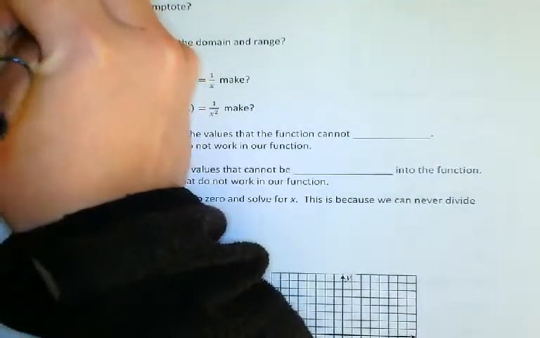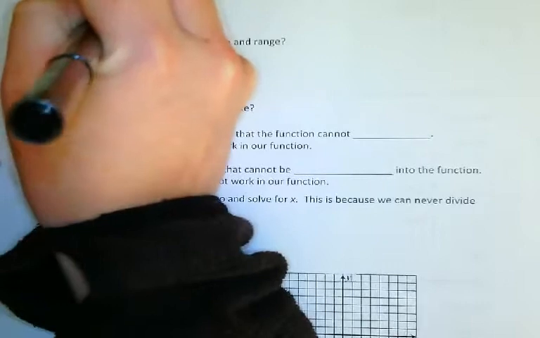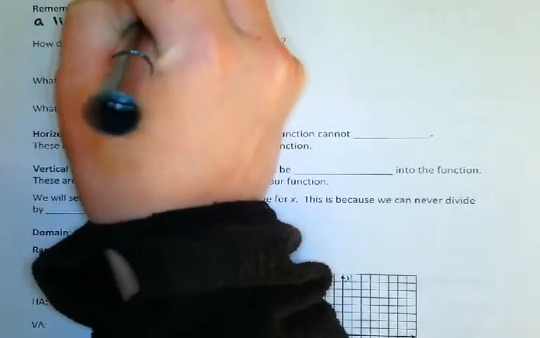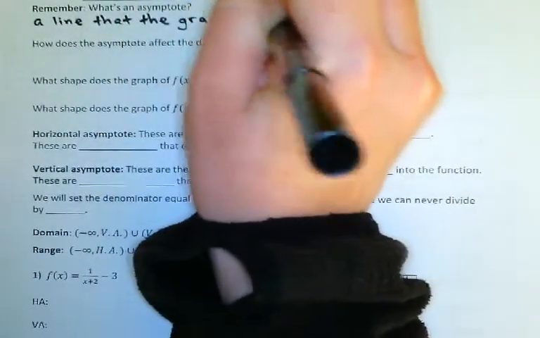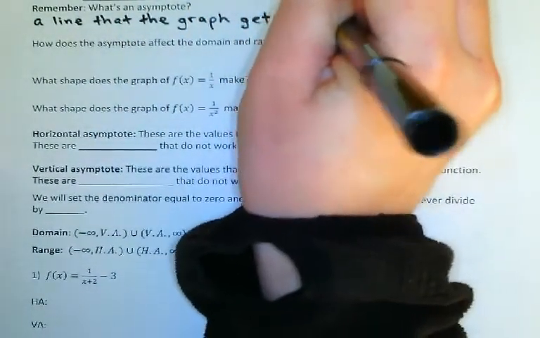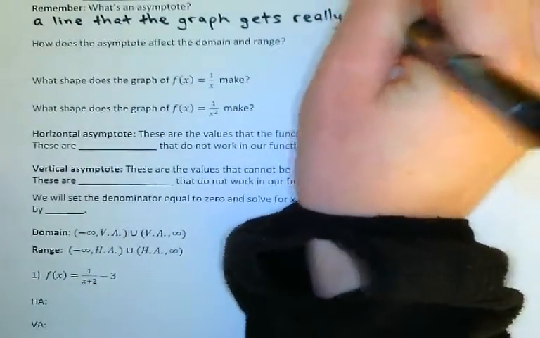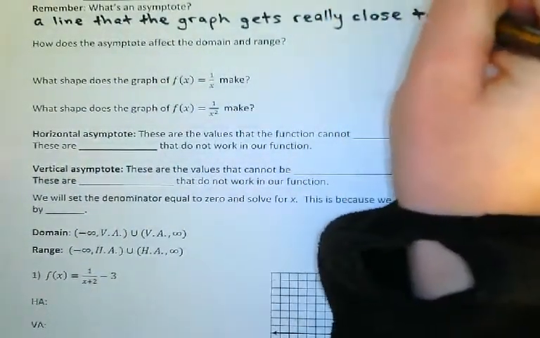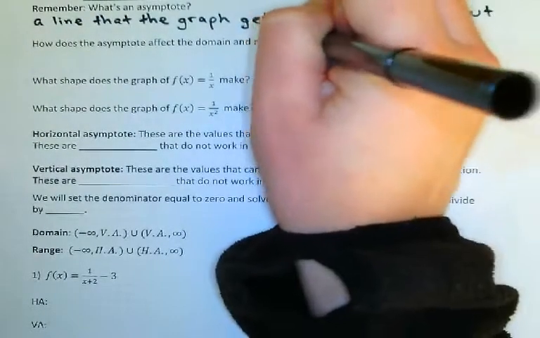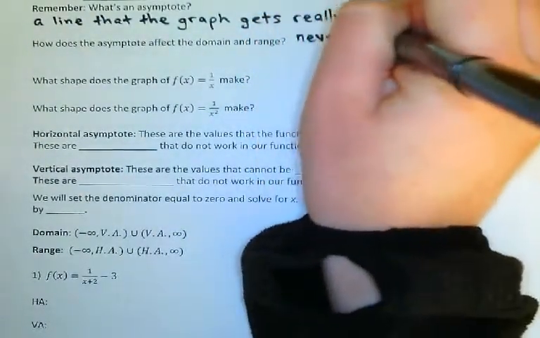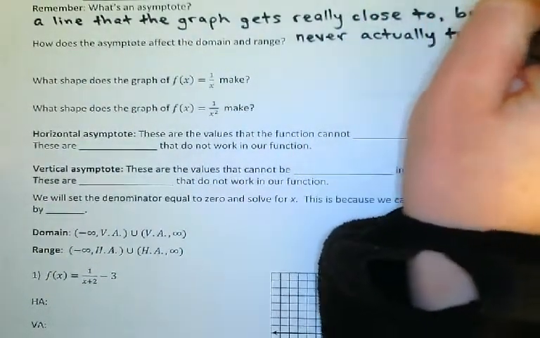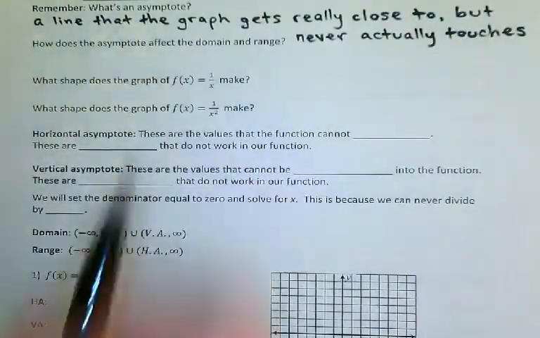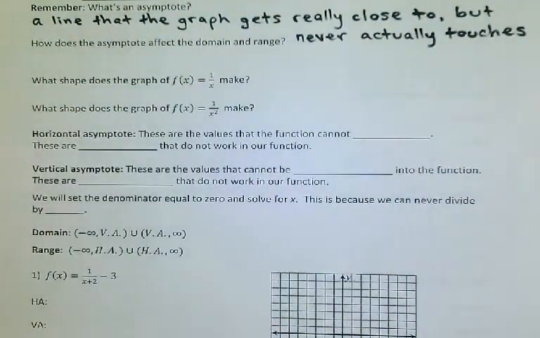So it's a line that the graph gets really close to, but never actually touches. That is an asymptote. All right, and we're going to review those and see them on graphs today.